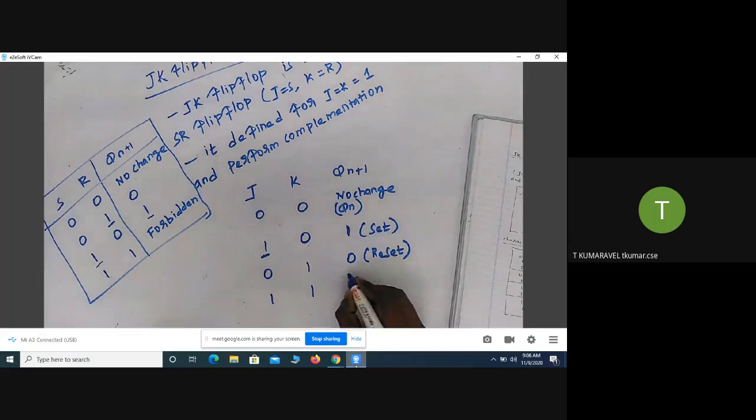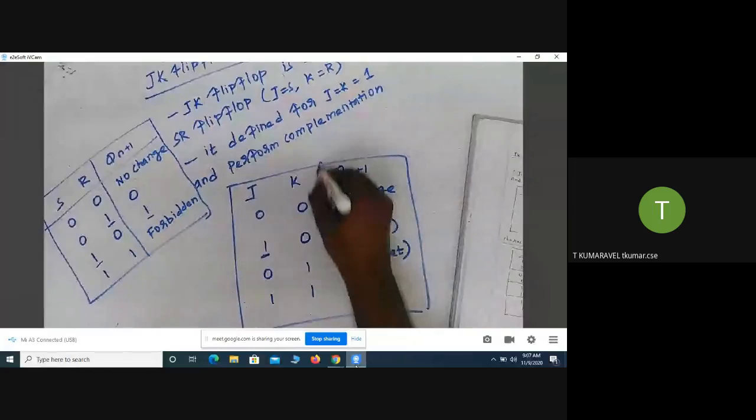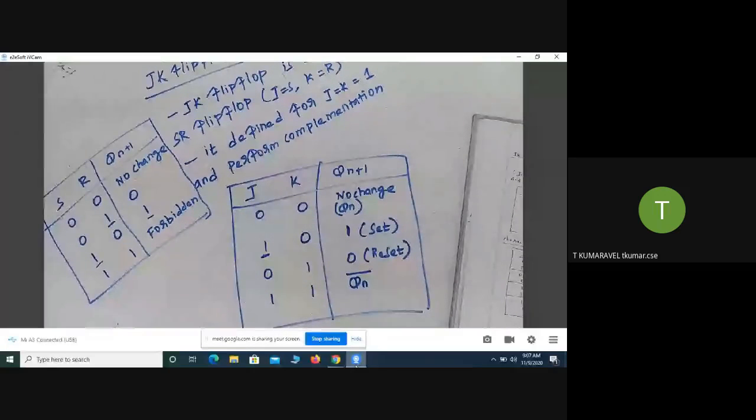What is the previous output? It takes its complement. That is the output. That is the truth table of the JK flip-flop. Do you have any queries? Do you have any queries? Hello.